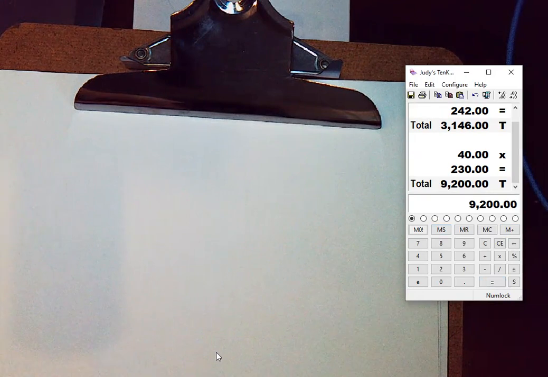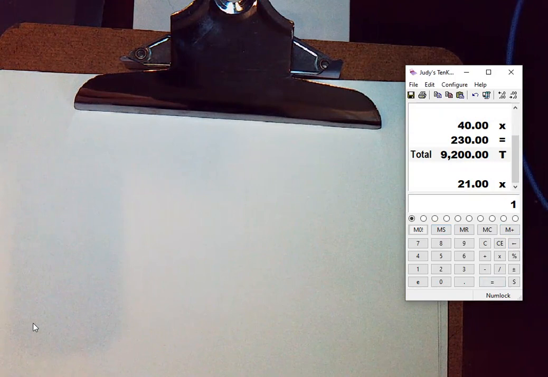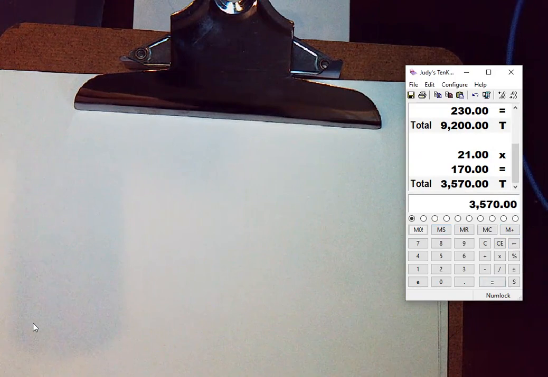So 9,200 is for the 4-drawer. Put that into memory. 21 times 170. The 3,570 is for the 2-drawer, and put that into memory. So what's in memory is the total, 15,916.